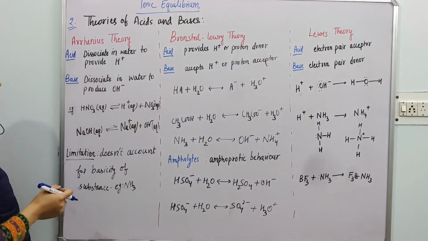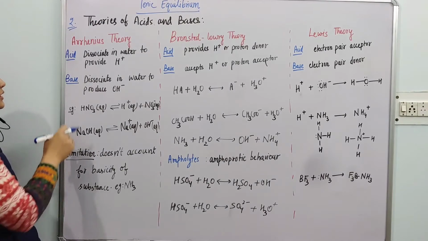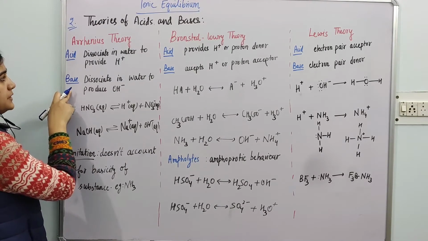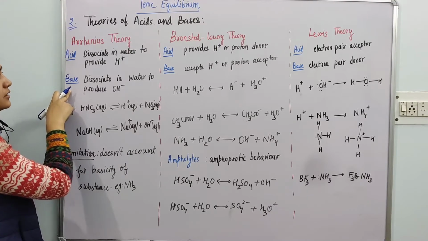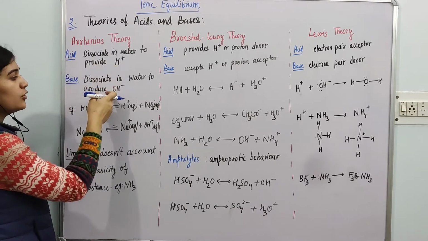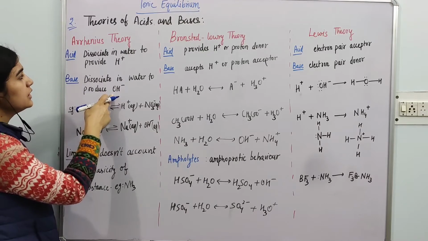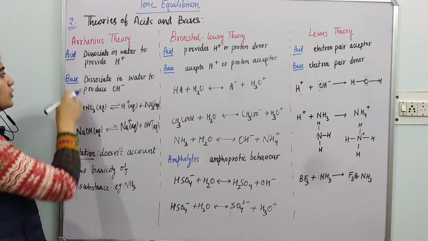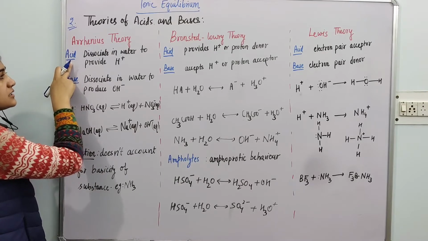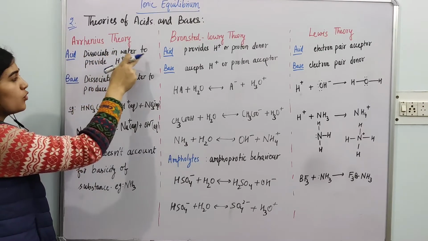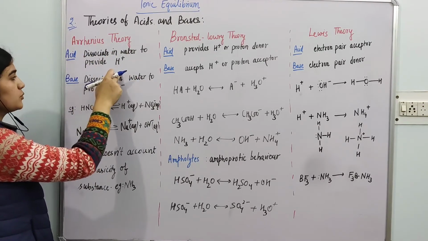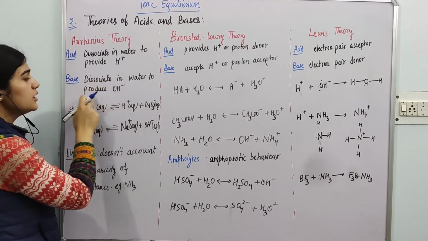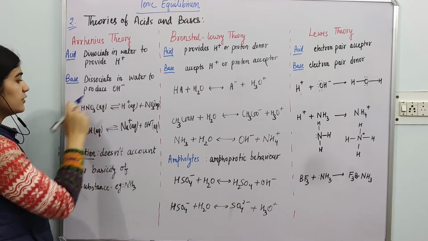What Arrhenius suggested was that acids and bases are those species which provide H+ and OH- respectively when an aqueous solution is formed. Or you can say that an acid is a substance which dissociates in water to provide H+, while a base is a substance which dissociates in water to produce OH-.